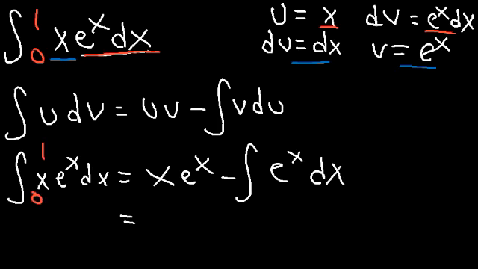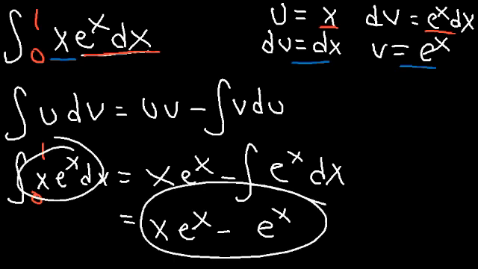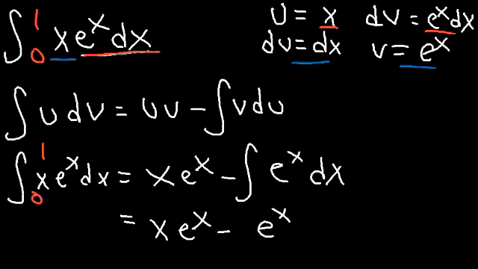On the left side, this is our original problem. So let's focus on the right side. The antiderivative of e to the x is simply e to the x. So the antiderivative of x e to the x is x e to the x minus e to the x. So now we need to evaluate it from 0 to 1.